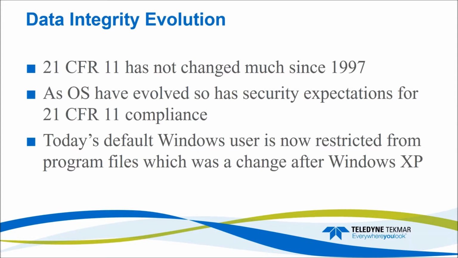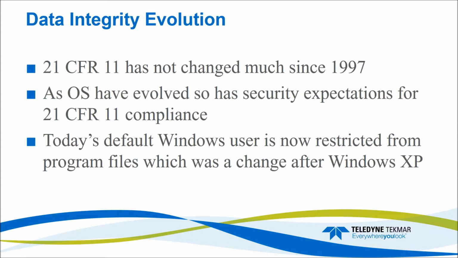Even though 21 CFR 11 has not changed much since 1997, can you imagine how much computers have changed since 1997? So as operating systems have evolved, so typically for this industry, it means Windows. Security expectations of 21 CFR 11 compliance have also evolved.